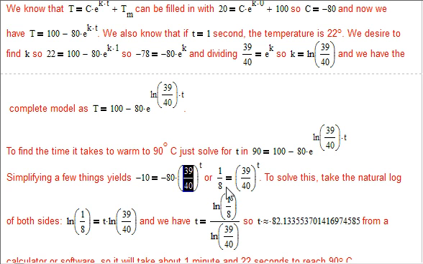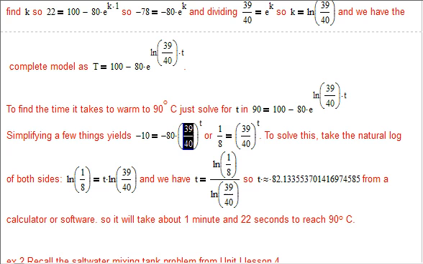So that means 1/8 equals 39/40ths to the t, and to solve this we take the natural log of both sides. Ln of 1/8 equals t times the ln of 39/40ths. So t is the ln of 1/8 divided by the ln of 39/40ths, so it takes approximately 82 minutes. You can do that last part from a calculator.